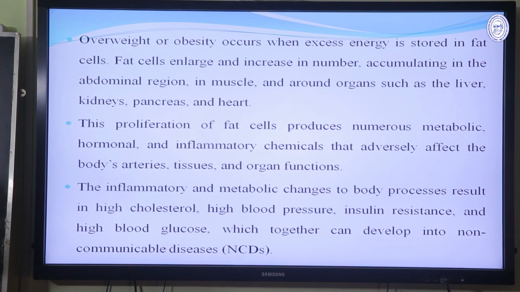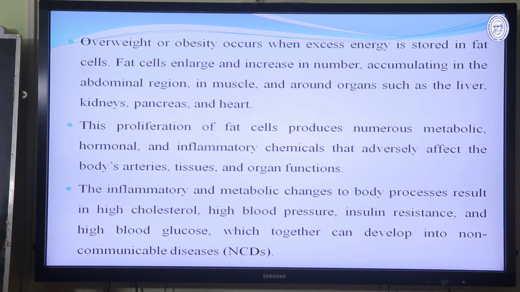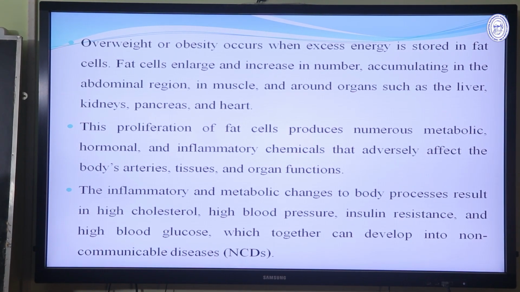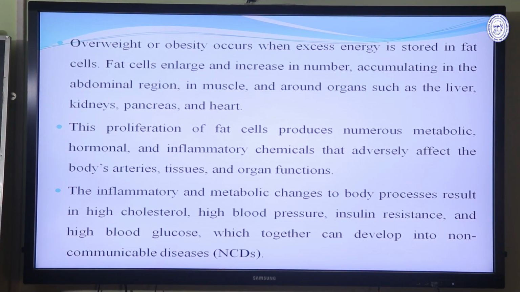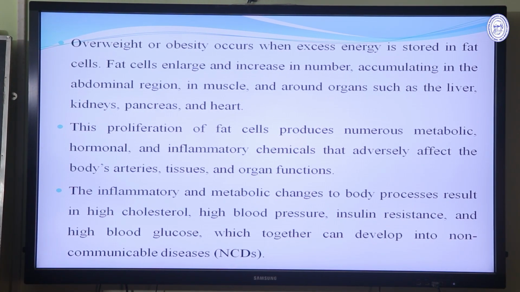By definition, obesity is accumulation of body fat above a certain percentage. So, fat cells enlarge and increase in number, accumulating in the abdominal region, in muscle, and around different organs such as liver, pancreas, kidney and heart.